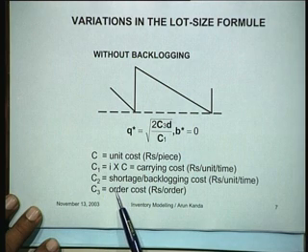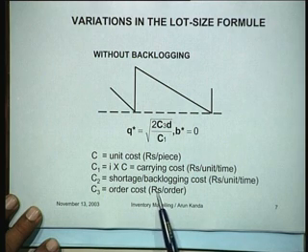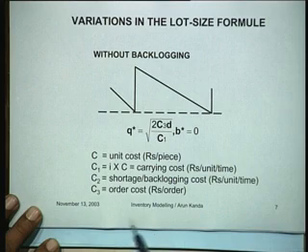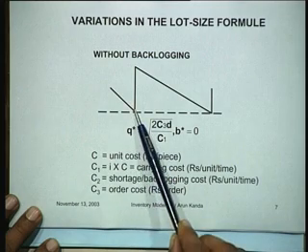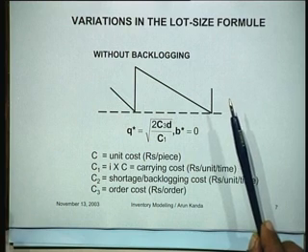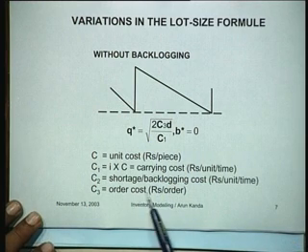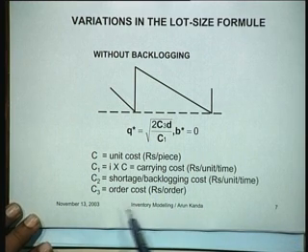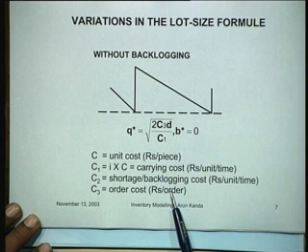And C3 is the order cost, which is in terms of rupees per order. That means each time you make a decision to replenish your stock, you incur a certain fixed cost, which is the order cost or the startup cost, and that particular cost is denoted by C3.